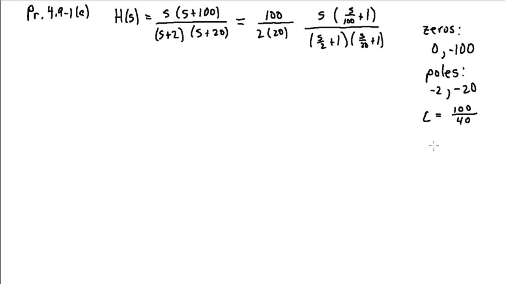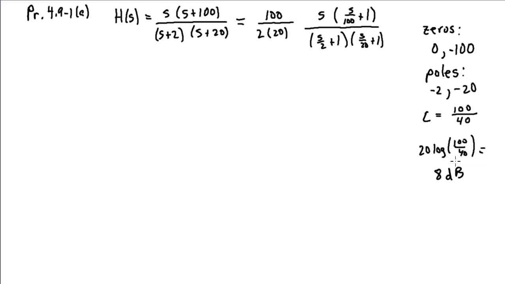This constant term, if I evaluate that, 20 log converted to dB of 100 over 40, that's actually equal to 8 dB. And I think I've got enough information now to actually sketch the Bode magnitude plot.